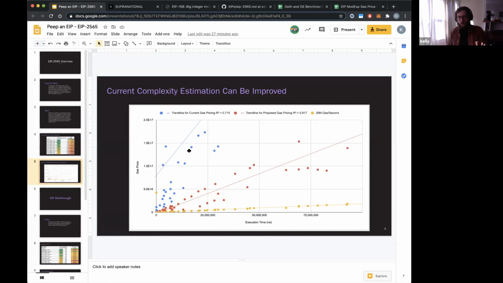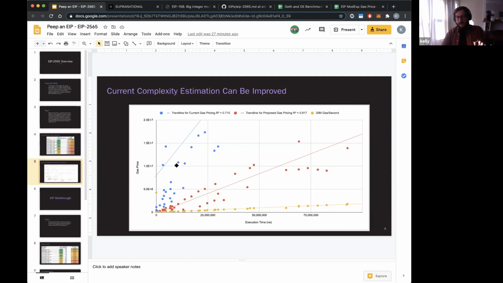And ideally, what you would want to see is sort of this one-to-one comparison that as the complexity of the pricing formula goes up, so does the execution time. And you'll see that Vitalik's original estimate was a fairly good estimate, right? So for at least these sizes that we're looking at, he had an R-squared value of about 71%.